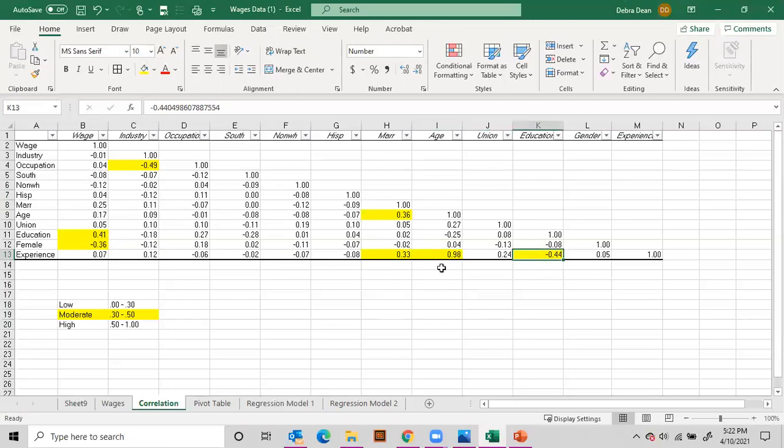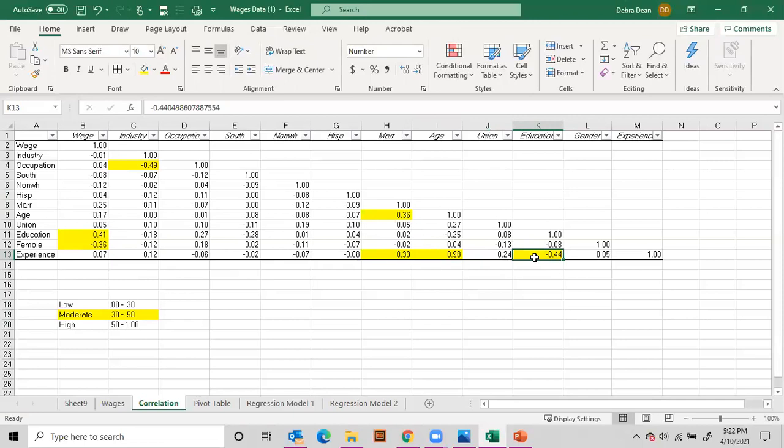Then we have education and experience, which also makes sense. Now it's a negative relationship. So these negative signs in front of the numbers don't mean negative in the fact of it's good or bad. It means that there's an inverse relationship. So in other words, the more education we have, the less experience, or vice versa.